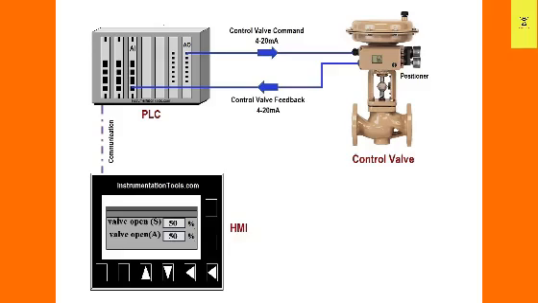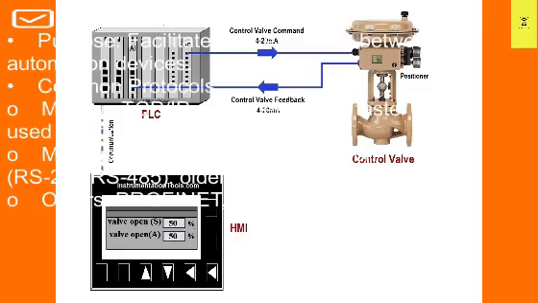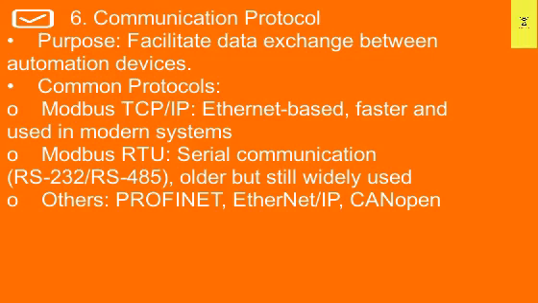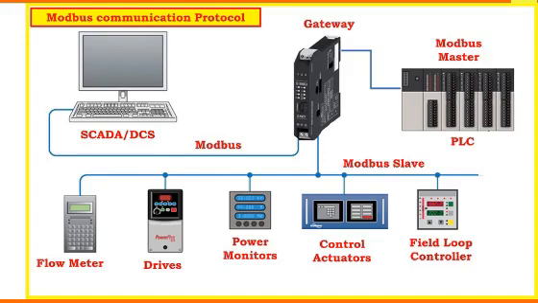Element 6, communication protocols, facilitate data exchange between automation devices or electric automation system devices.